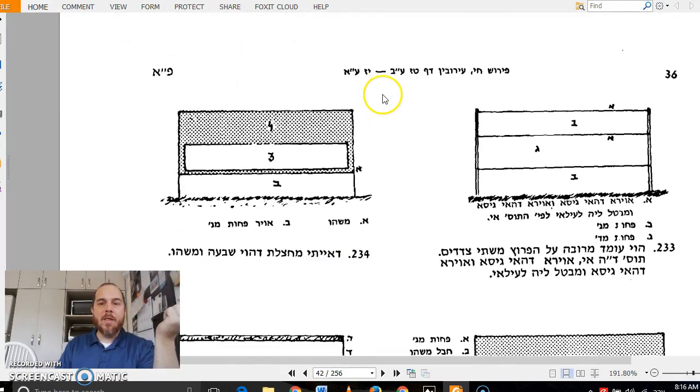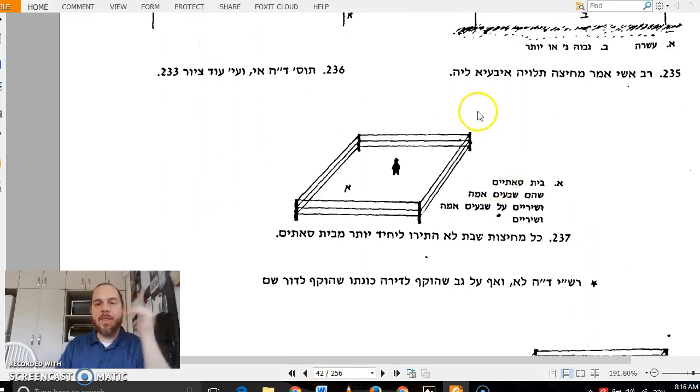One more thing I want to point out: the Bartidara adds a very important point that this kula that you're allowed to make the mechitzot was only for what's called a beit sa'atayim, the area in which you could plant two sa'ah. That is seventy amah by seventy amah, which is five thousand square amot, so it was a little more than 4,900. So you couldn't make an enclosure larger than that for an individual. On the other hand, if you're a shayara, if you are a community, if you have more than three people, you could make it as large as you want.